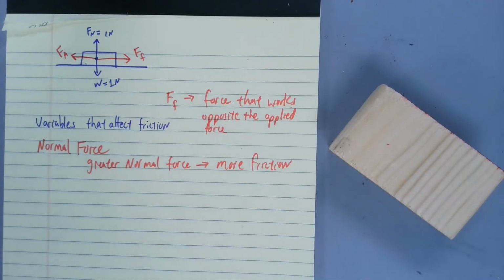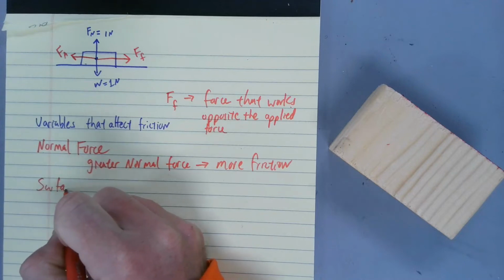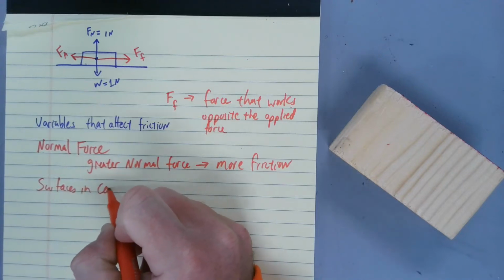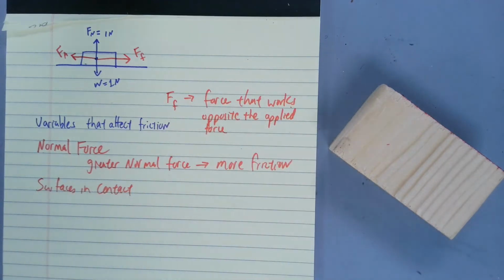Think about sliding something across a tile floor versus across the carpeted floor. The surfaces, even though it's the same object and you're given the same push, make a big difference. So the surfaces in contact greatly affect the frictional force.